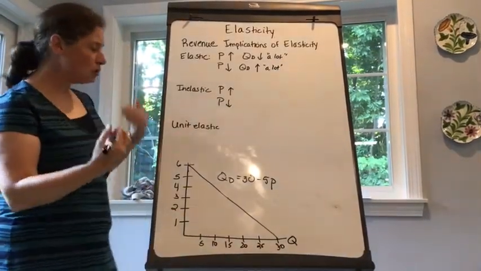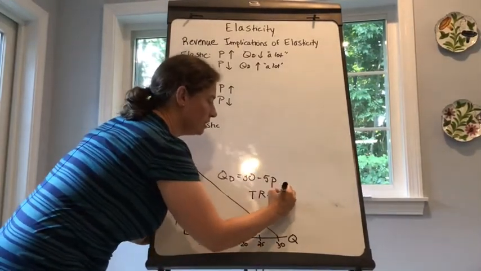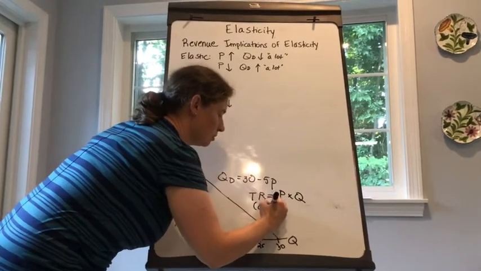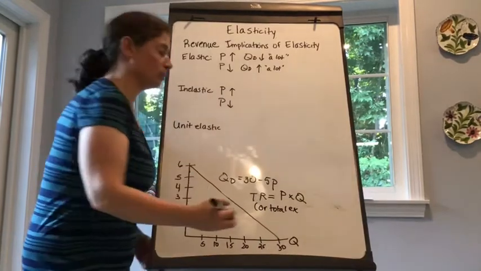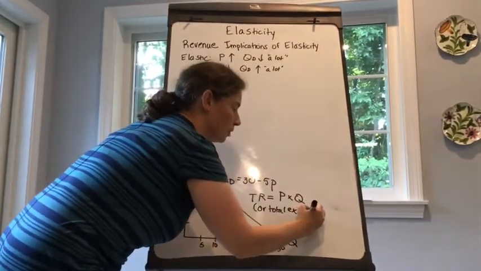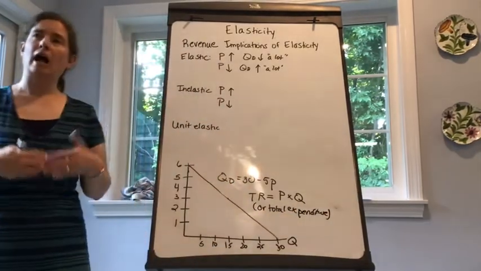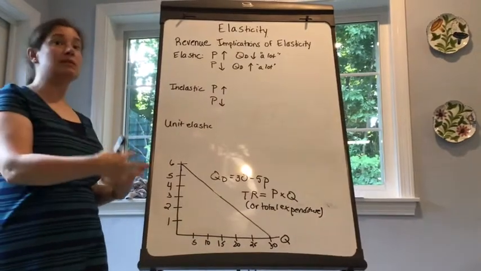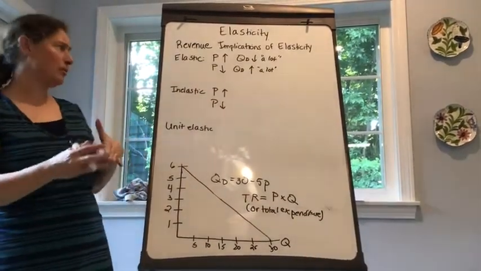Now, total revenue, which I'll just write here, is just price times quantity. Sometimes we might describe this as total consumer expenditure. Remember, as a consumer, I buy something, I'm spending money. As a seller, you're receiving that money, that is your income or your revenue. So these two things are equivalent.